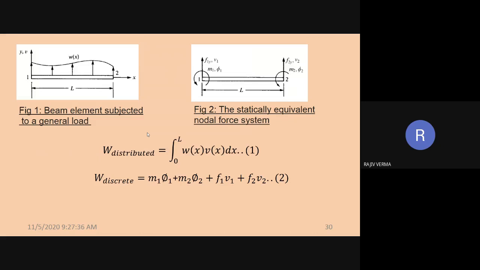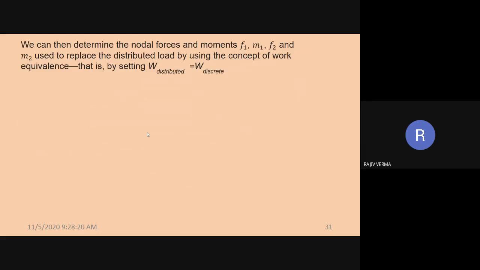So we get the total amount of work done because of the distributed load and the total amount of work done by the discrete loads. And in the next slide, we simply equate them. We can determine the nodal forces and moments used to replace the distributed load by using the concept of equivalence, that is by setting W distributed equal to W discrete.